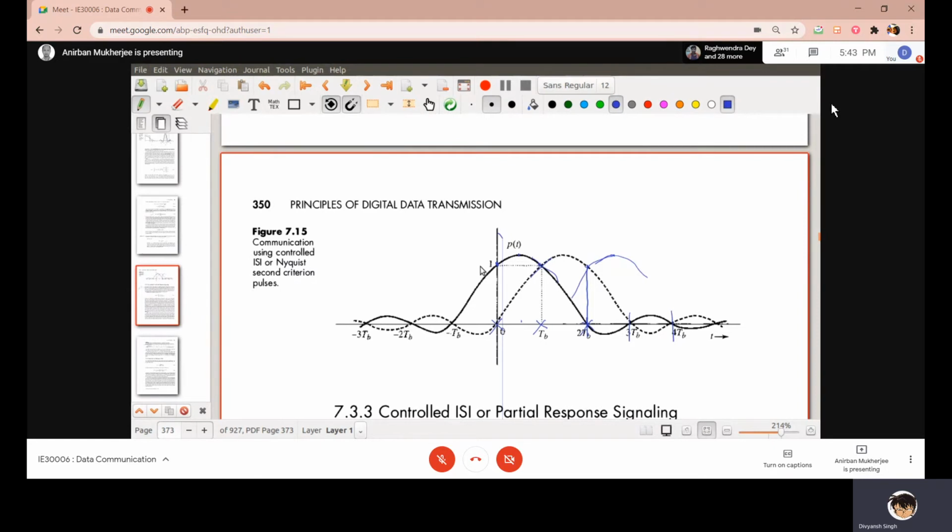Here, say if I have a negative one, say from 0 to TB I have 1, and here I have a negative one. So if I have negative pulses like this, negative means minus 1. And if I just connect this, it will be plus 1 and minus 1, here it will go like this.